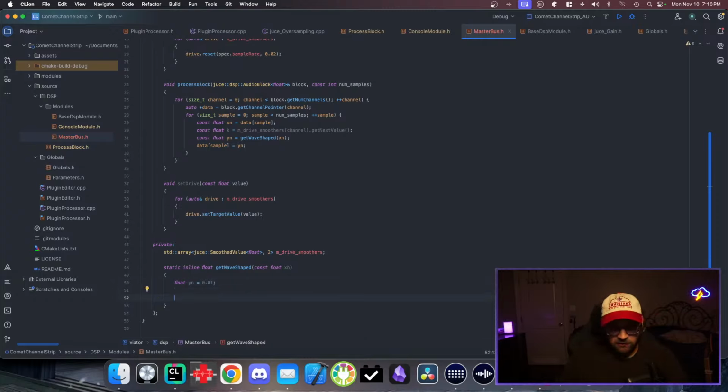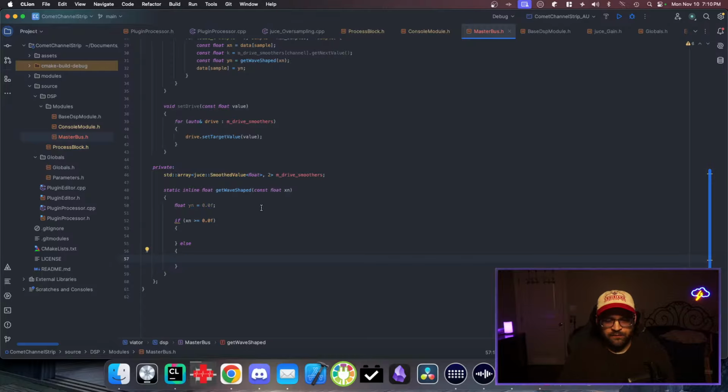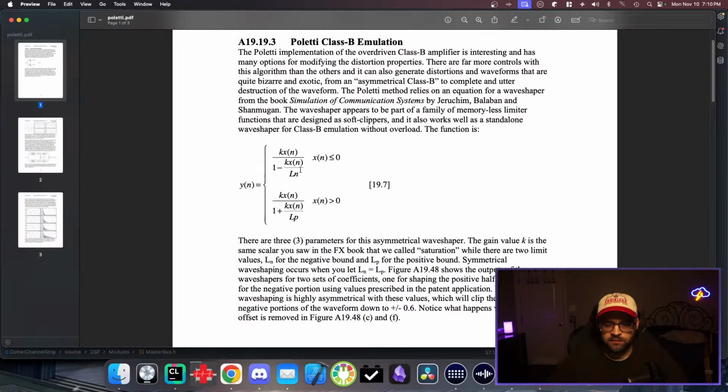And at the most basic level, let's do our if statement. So we'll say if xn greater than or equal to 0, we do something, else we do something else. Cool. Okay. So keep switching back and forth so we can see. Let's do the positive one.